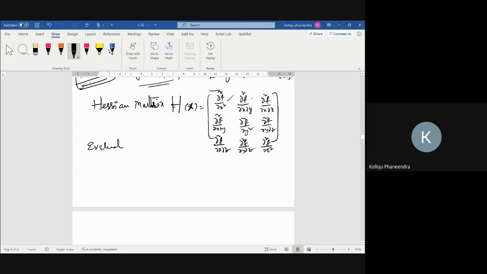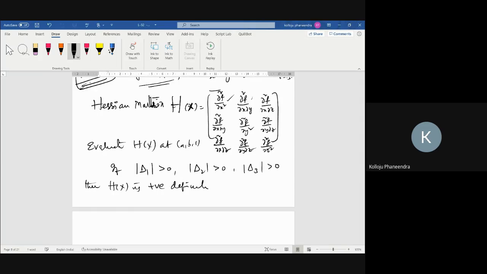Evaluate h of x at the stationary point, at some point ABC. If at ABC you evaluate this and the principal minors, that means the first determinant is positive, second is also positive, third is also positive, all are positive, then h of x is positive definite, and then f has minimum value.